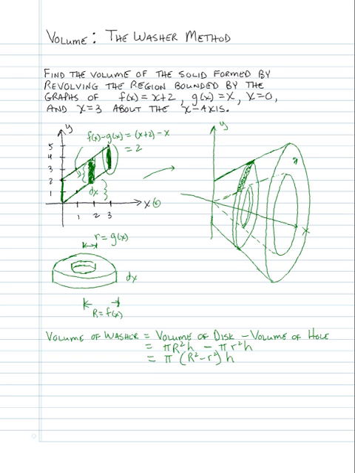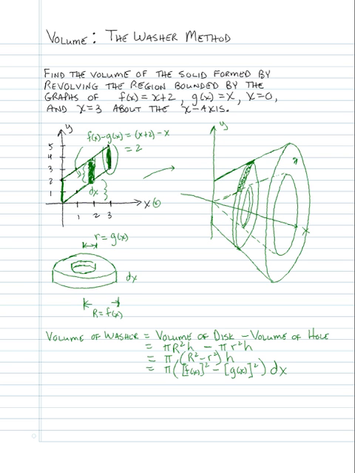In this particular case, the capital R squared is really the top function value squared, and lowercase r is the bottom function, which we call g. And of course h is dx, isn't it?